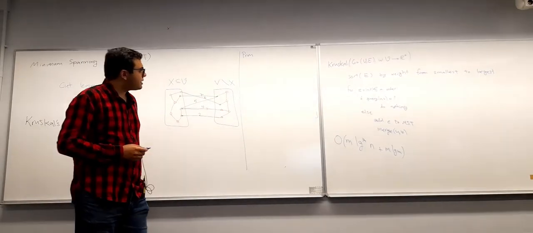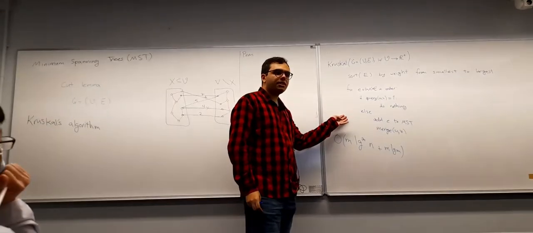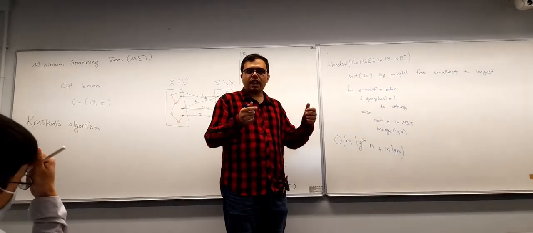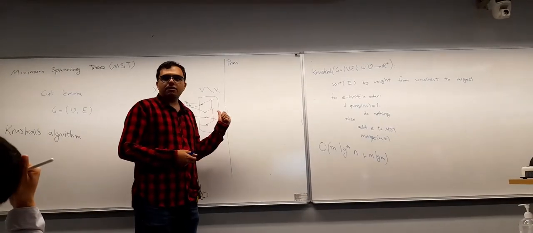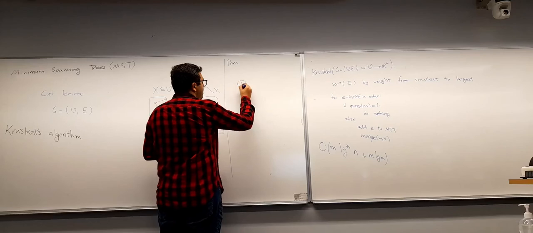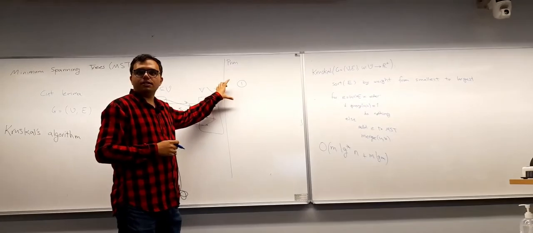Here we used to keep track of several different connected components, and every time we try to find an edge and merge two of our current connected components. In Prim's algorithm, we will always have just one connected component. So the idea is that I start from vertex number 1, and I say my connected component is just this one vertex.